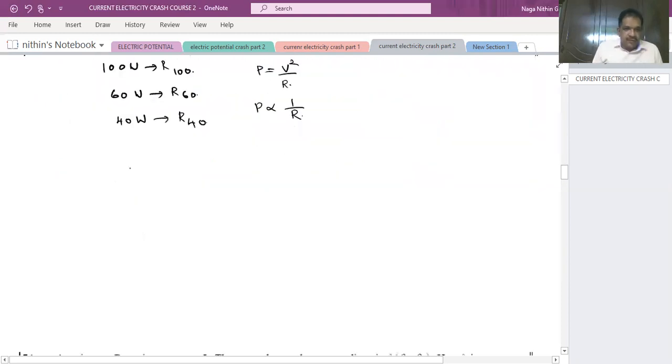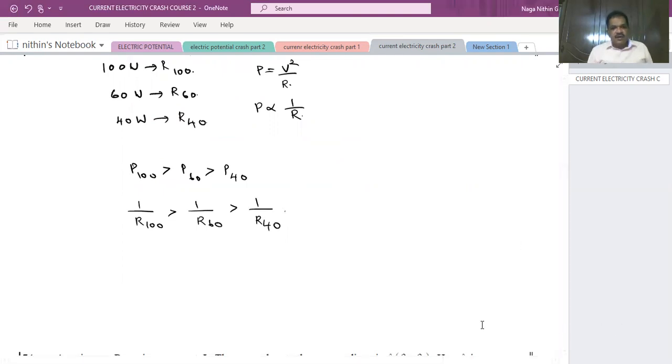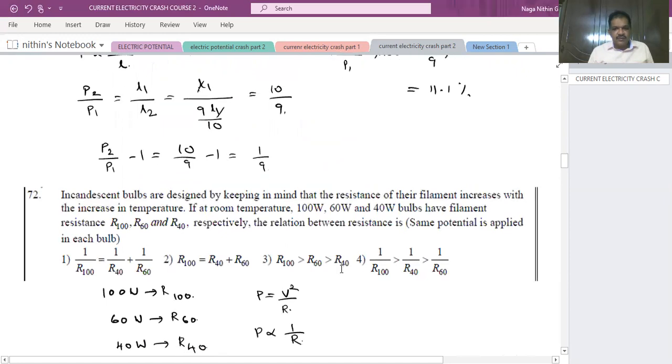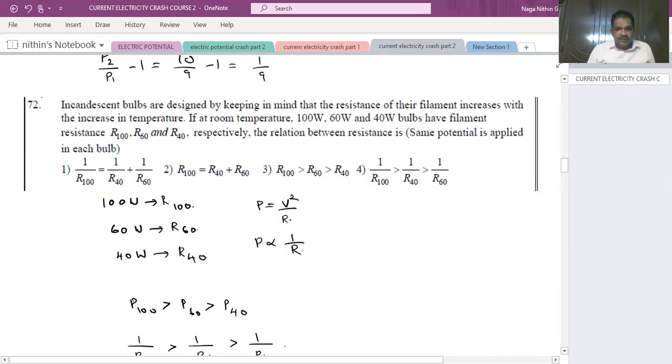So we know P100 greater than P60 greater than P40. So this is 1 by R100 greater than 1 by R60 greater than 1 by R40. So the fourth option will be the answer for it.